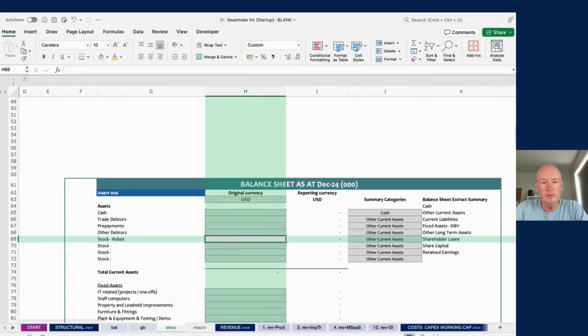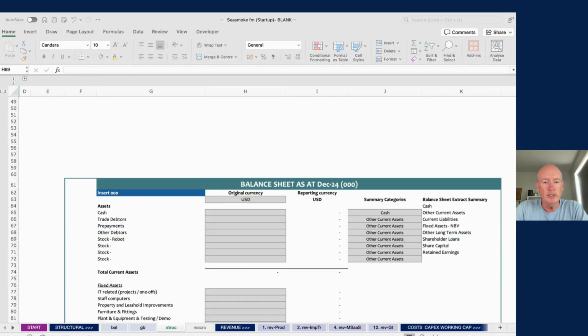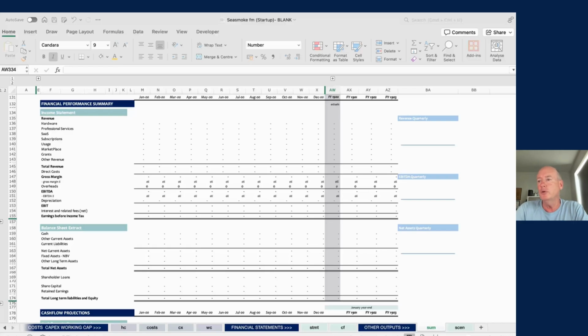And then the next thing we do is we go over to structure over here, and we put in a balance sheet. So let's just make one up.